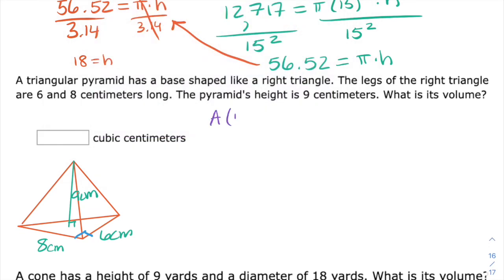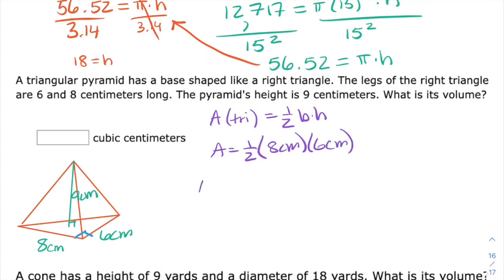So the area of my triangle is 1/2 base times height, which is 1/2 of 8 centimeters times 6 centimeters. 6 times 8 is 48 centimeters.